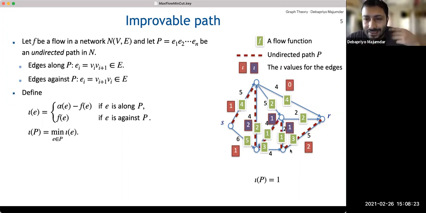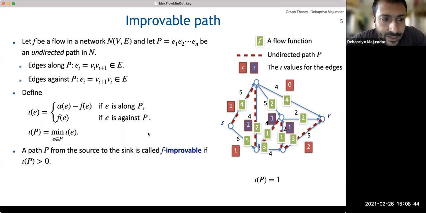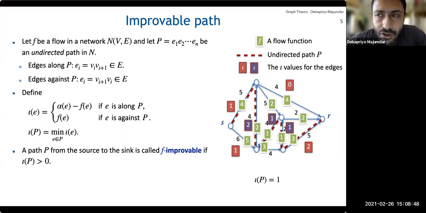Now, obviously, that's an abstract concept, because in this particular example, you don't actually have a path from here to here at all. But in case you had, decreasing this direction would help you to increase the other direction. So that's the concept. So let's move a little bit forward. A path P from the source to the sink is called F improvable if iota of P is positive.